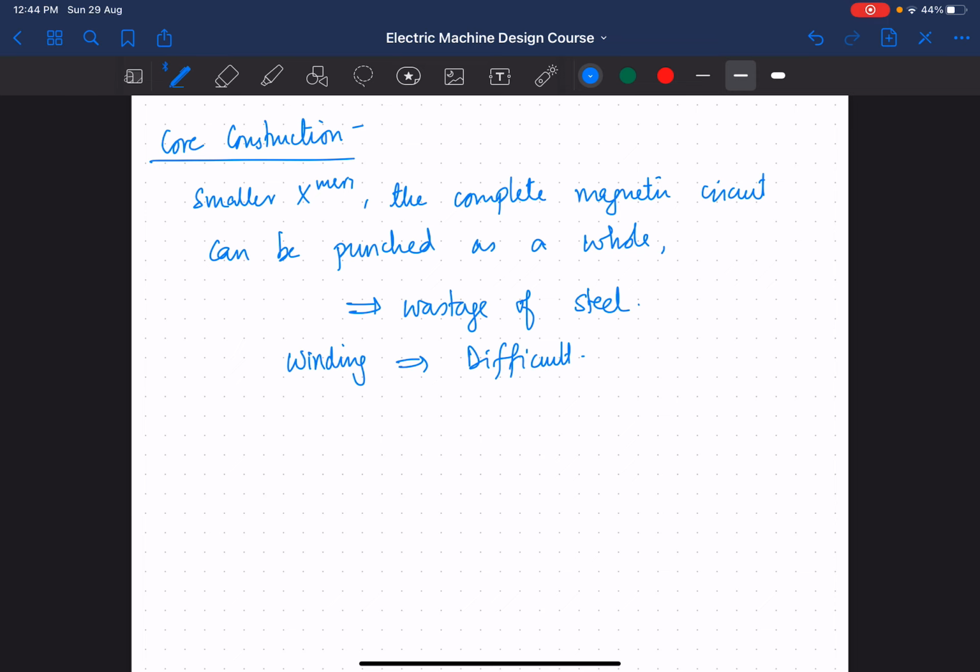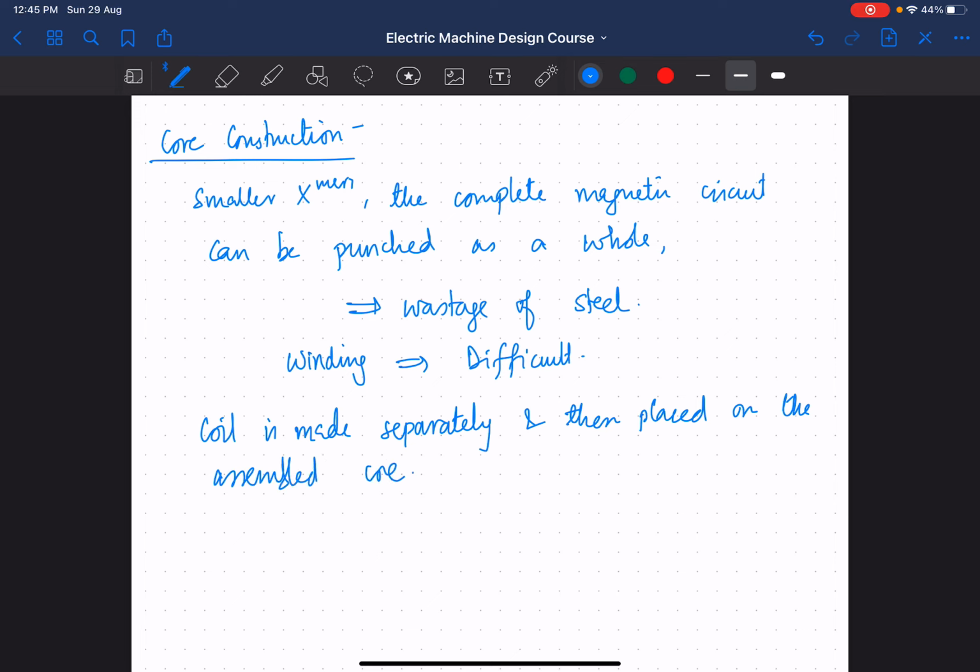So what happens in larger transformers is that the coil is made separately, and then it is placed on the assembled core. Okay, so what do I mean by this?